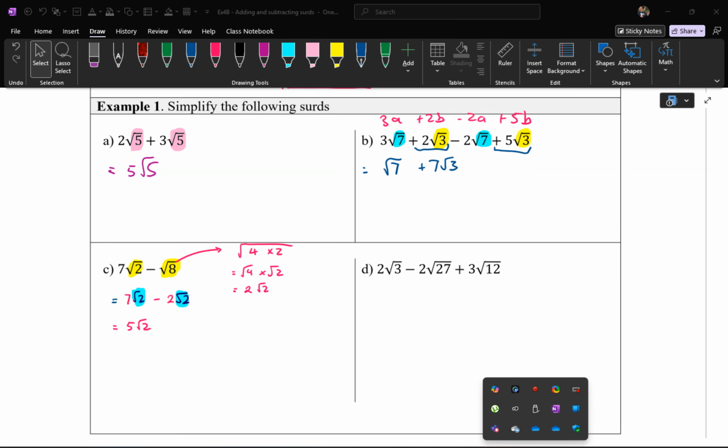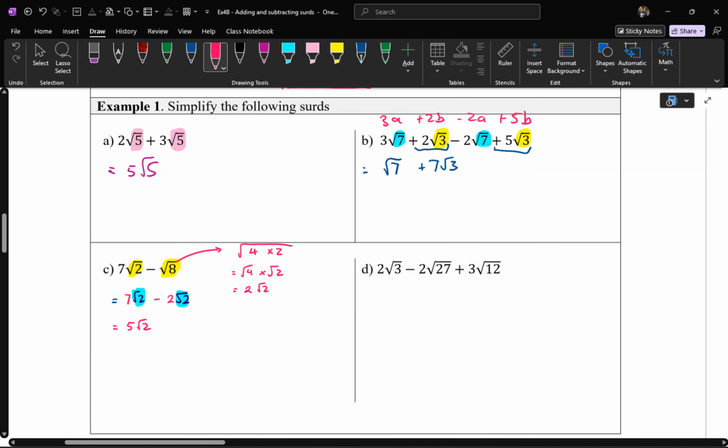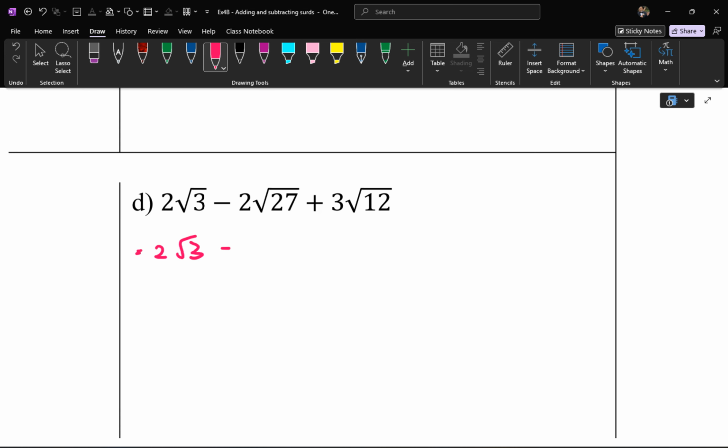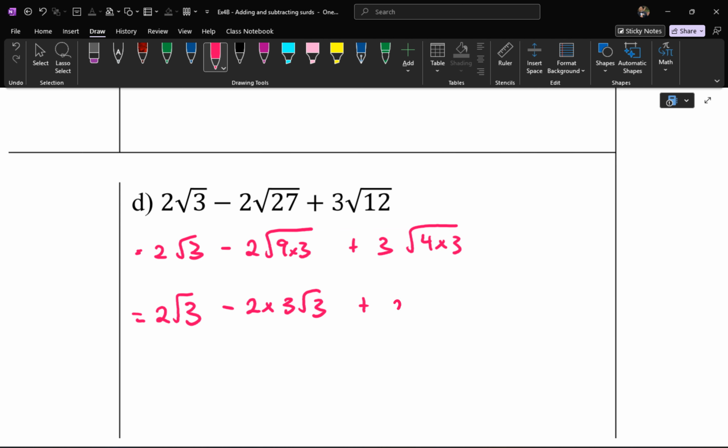Here we go. If you simplified it correctly, root 3 is a prime number, so that's as small as you can get. 27 can be 9 and 3, so that's 2 root of 9 times 3. And this is root of 4 times 3. Conveniently, that will then make it take away 2 times 3 root 3 plus 3 times the 2 times root 3.